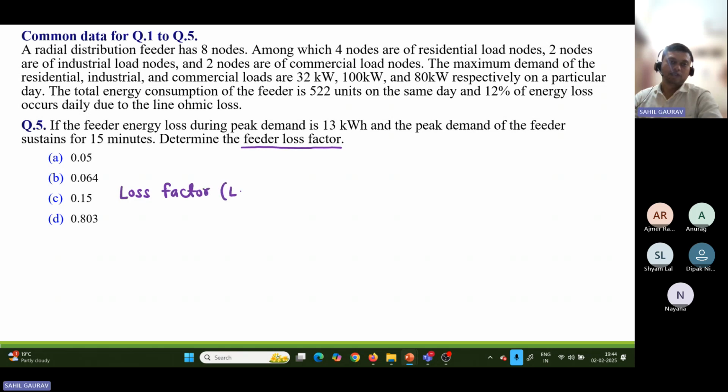So the notation for loss factor we have used is LSF, because LF we use for the load factor.